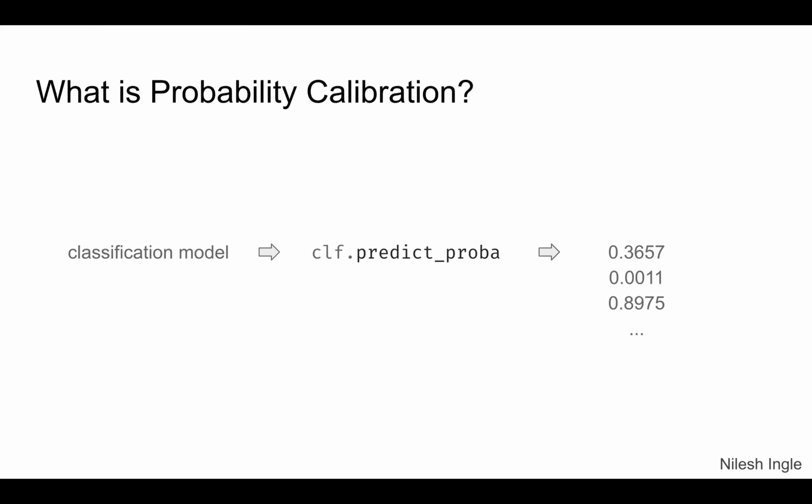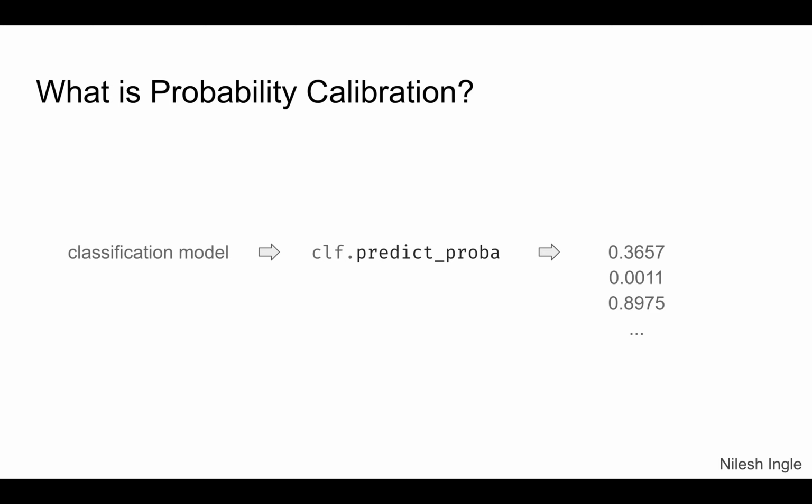So what is probability calibration? So far, we have trained several classifiers using the supervised learning approach. In many of these classifiers, if you look at the attributes, we can get the probability values for the classifications.